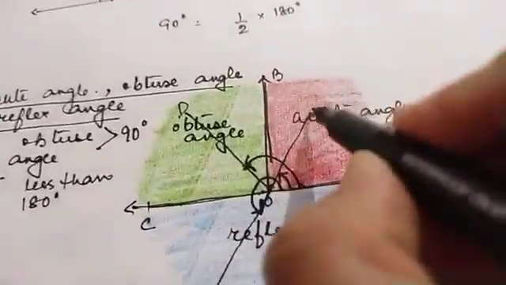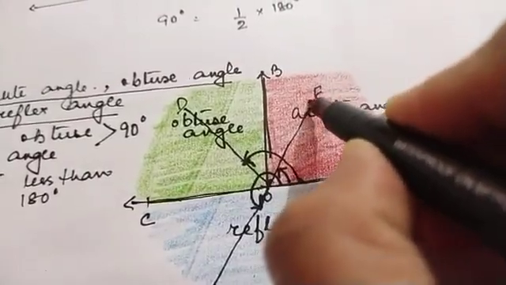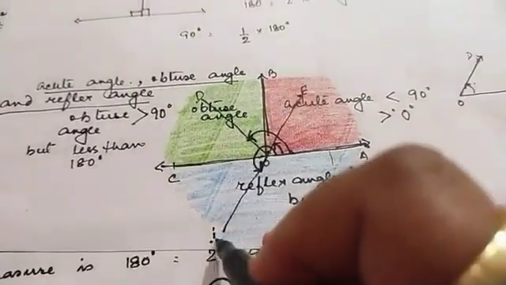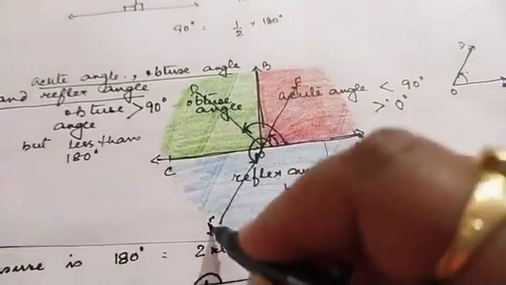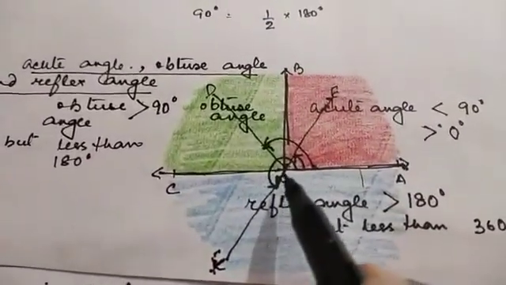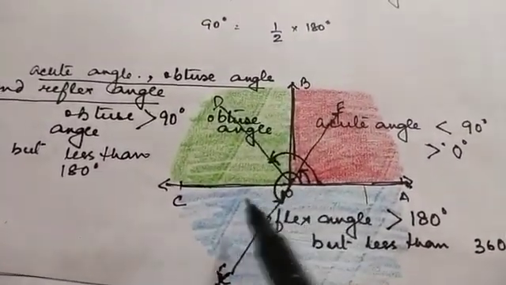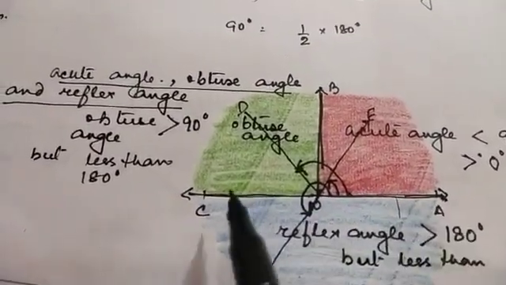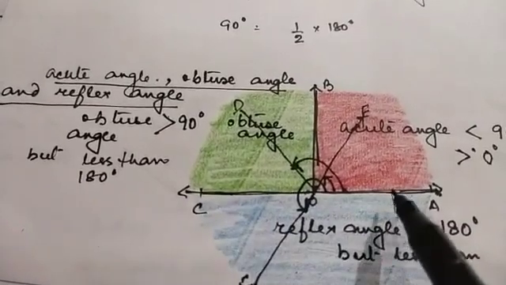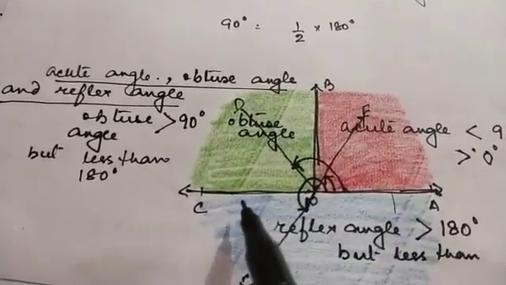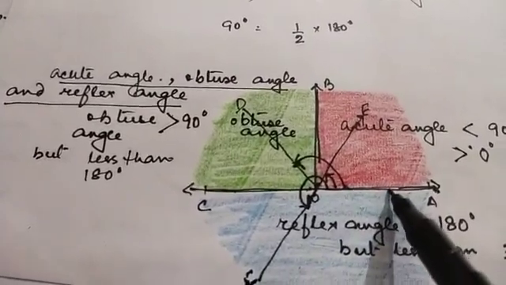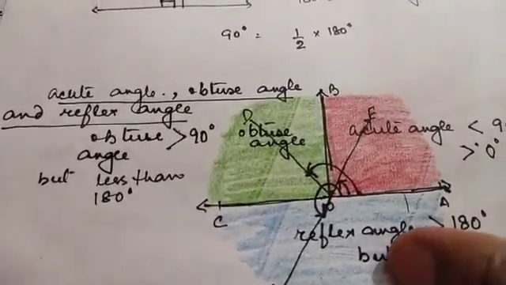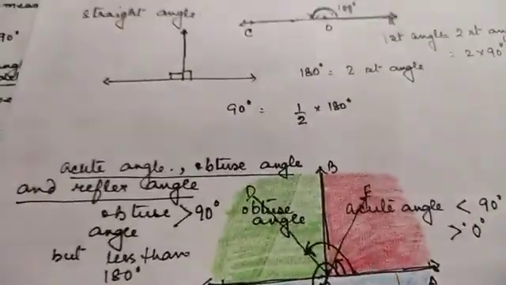For acute angle also it is the initial arm, and for the reflex angle also it is the initial arm. So all the points that lie between 180 degree and 360 degree, 180 degree is the straight angle, 360 degree is the complete angle. So between straight angle and complete angle, all the points that lie is the reflex angle. I think the different types of angles are clear.